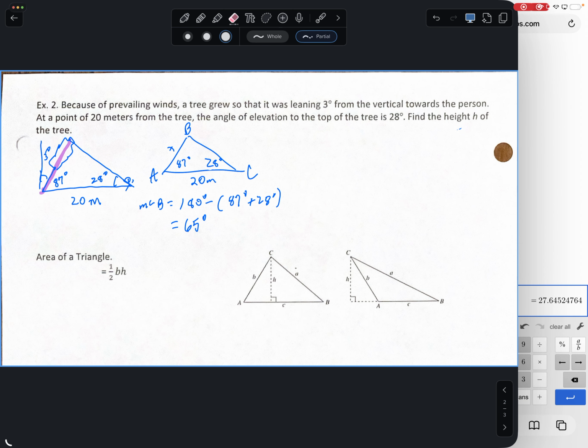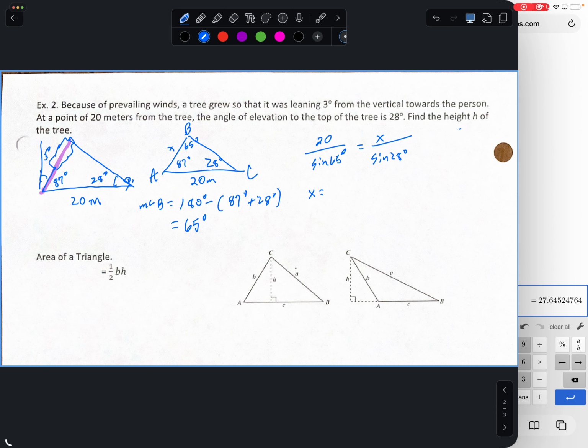And I just want the height of the tree, so I only need to set up one proportion. I want to find x. It's a side, so I'm going to put the sides on top. So 20 is to the sine of 65 degrees as x, the height, is to the sine of 28.